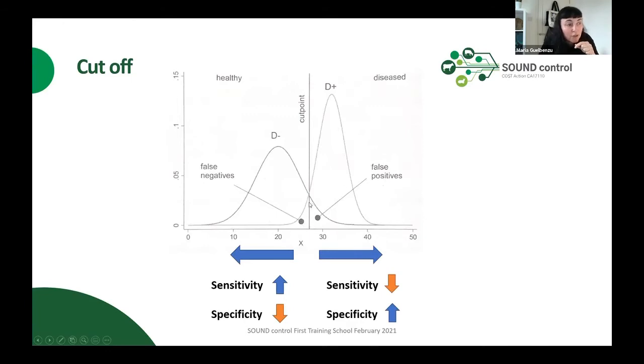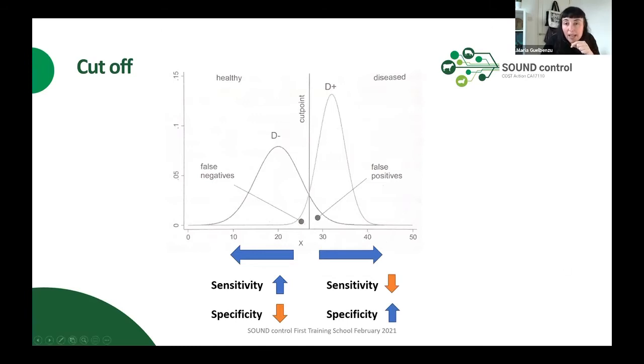As you can see, if we move that cutoff to the right, the area will increase. If we move the cutoff to the left-hand side, the sensitivity will increase and the specificity will decrease. So as you can see, they are very much related. And again, this only refers to a certain test and a certain disease.